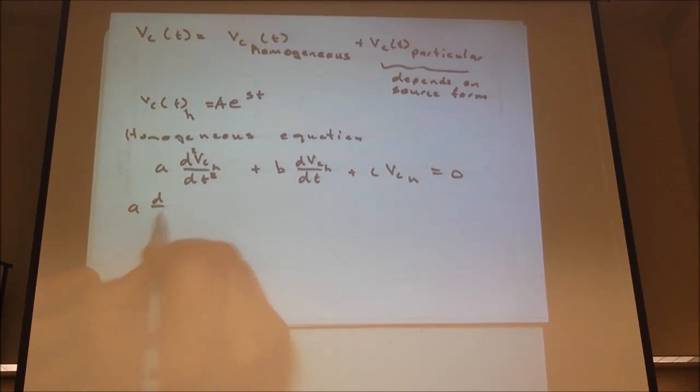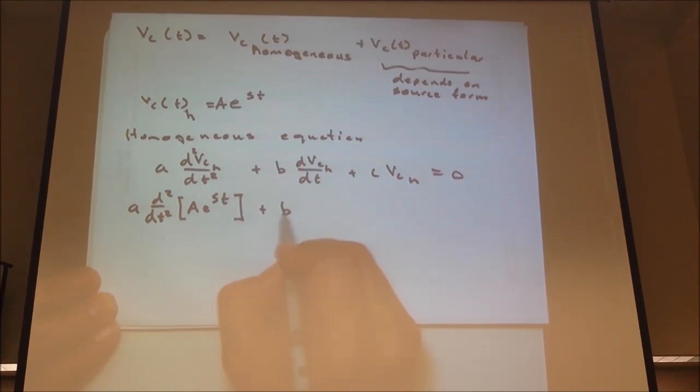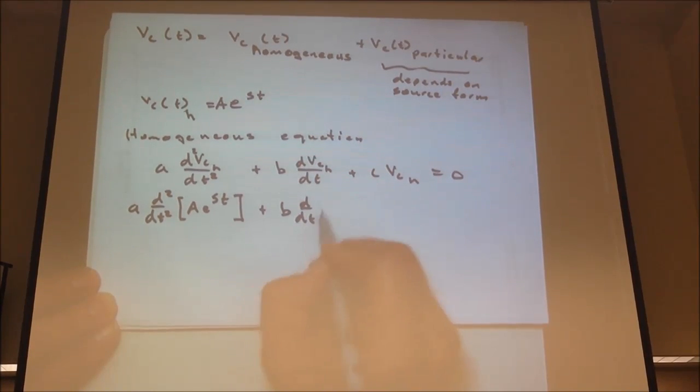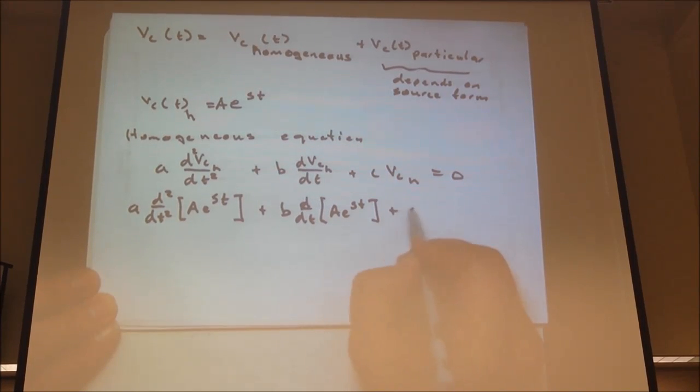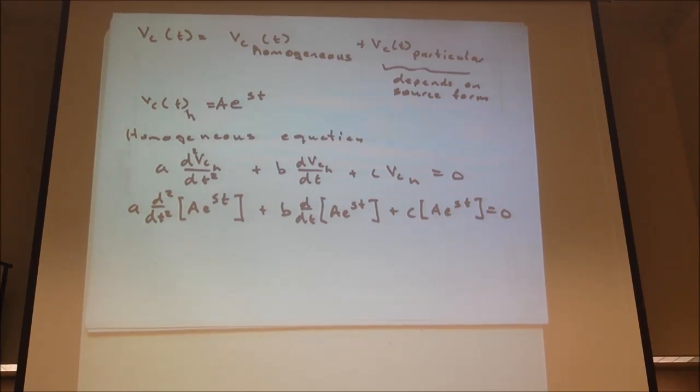So we wind up with A d by dt squared of A e to the st plus B d by dt of A e to the st plus C A e to the st equals 0. So all I did was substitute our guessed exponential form into our homogeneous differential expression.